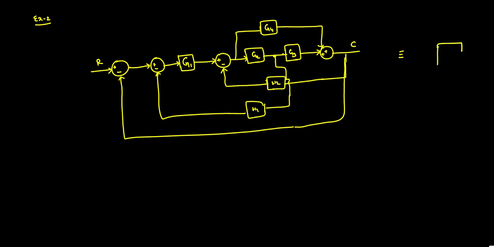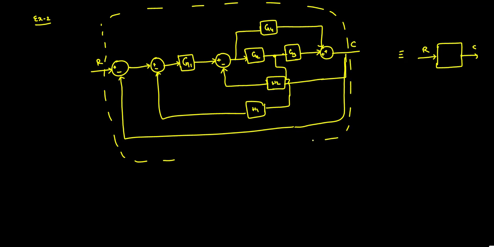Here R is the input, C is the output. I wanted to bring this entire big block diagram into a single box. This is what we are trying to do now.